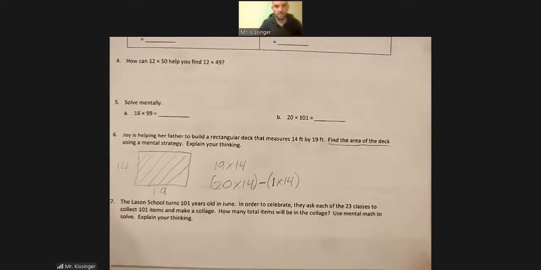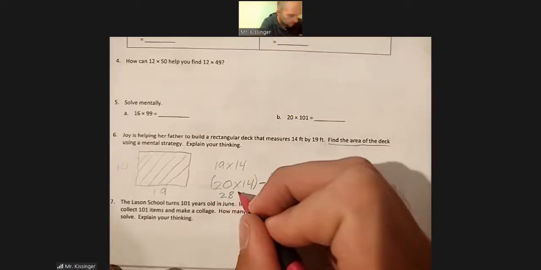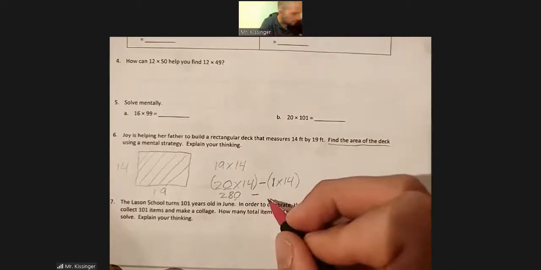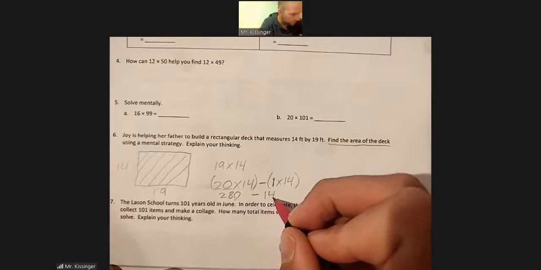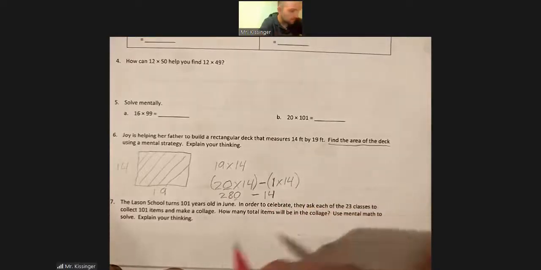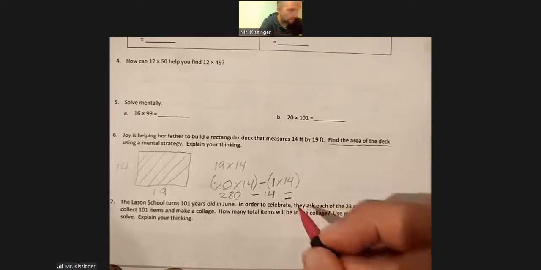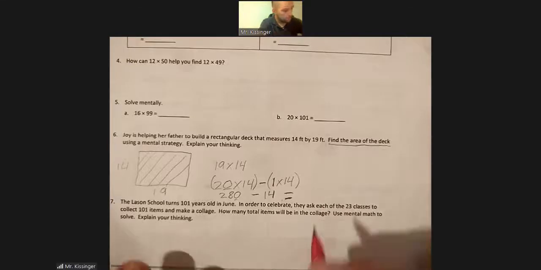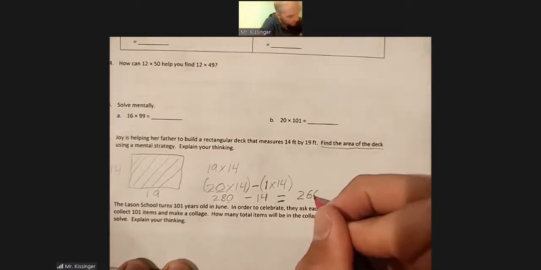All right, so what's 20 times 14? Well, 14 times 2 is 28. Add a 0 here. And then we subtract 1 times 14, which is 14. We get 280 minus 14, 266.